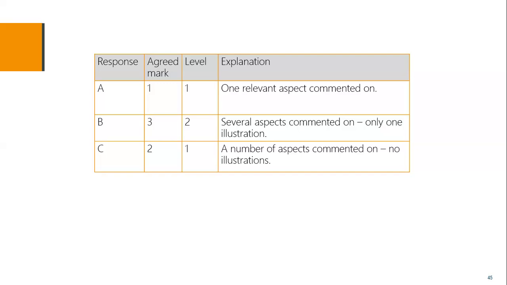So response 1 or response A was limited to level 1 because it doesn't really address the question. On line 7, the candidate seems to be expressing the idea that substitution mutations may have no effect.